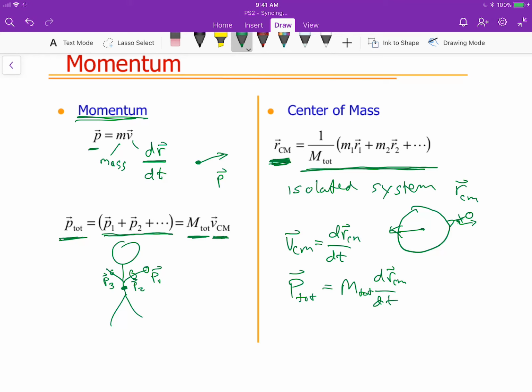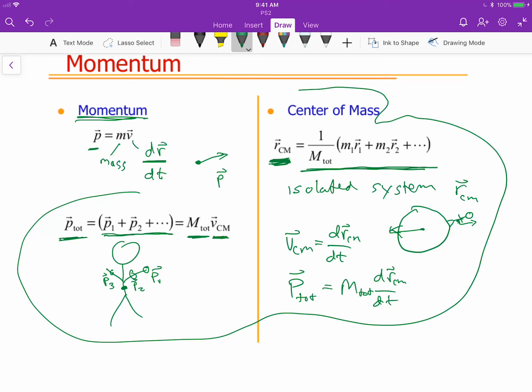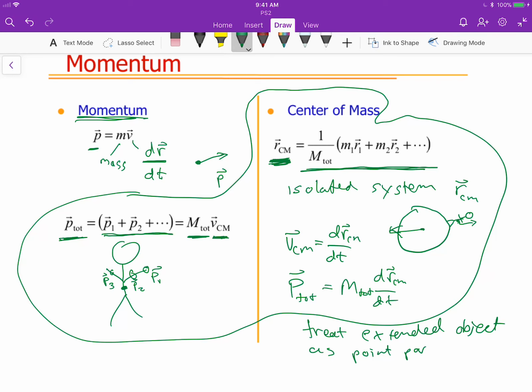And so basically the point of all of this stuff here is just so that we can treat an extended object as a point particle at the center of mass of that extended object.